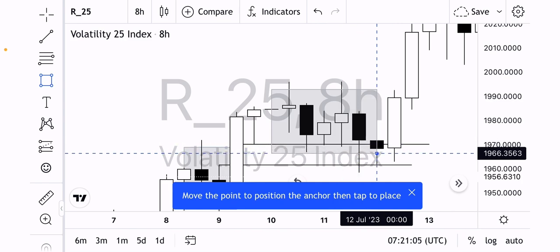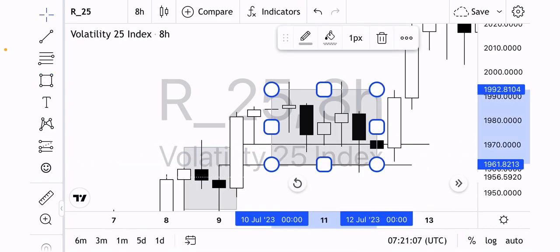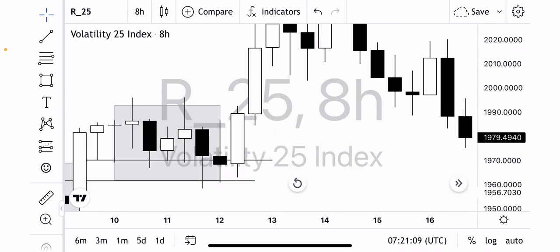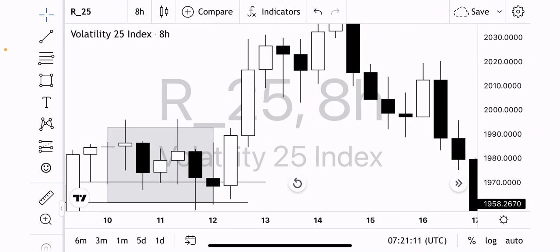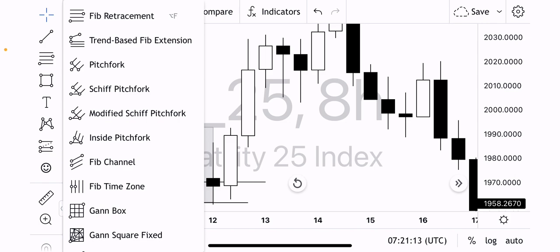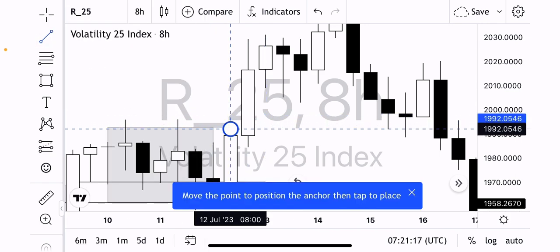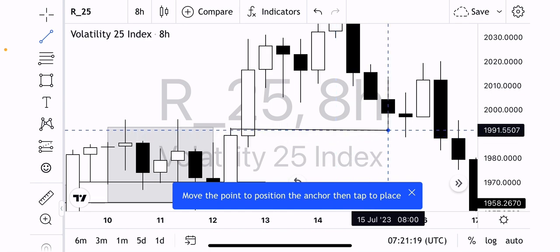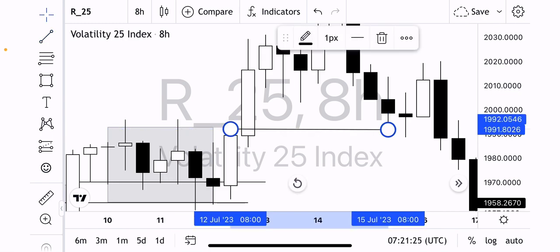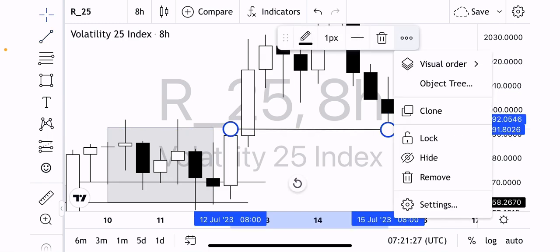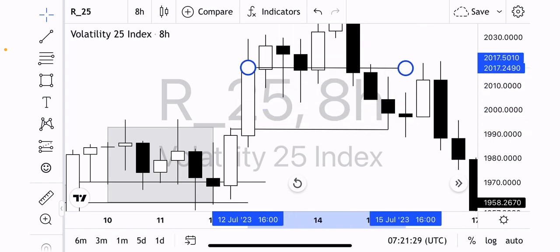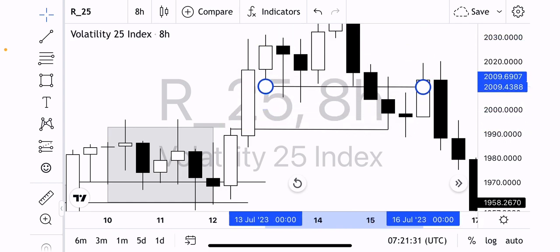When we talk about gap also, guys, see this as a gap, our fair value gap. This is our number one candle. Then we have our two candle, then this is the third candle.